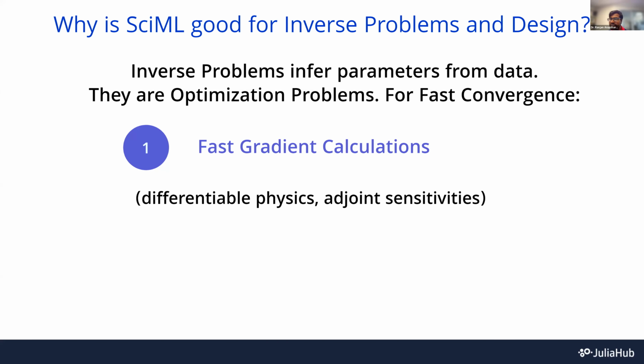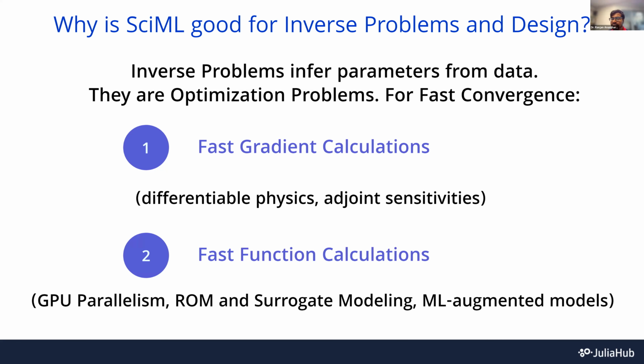Through the fact that your simulators are differentiable. Because you have differentiable physical models, you can calculate sensitivities very quickly with an adjoint method, and fast function evaluations. These are the two things you need for fast convergence. Faster gradient calculations give you fewer iterations. Faster function evaluations make the iterations run faster.